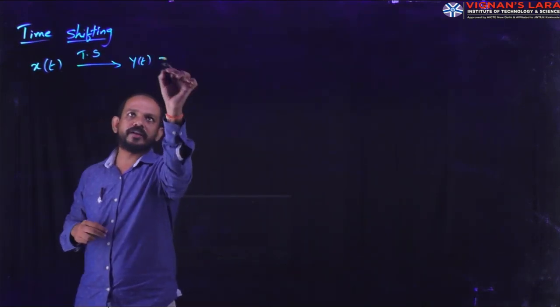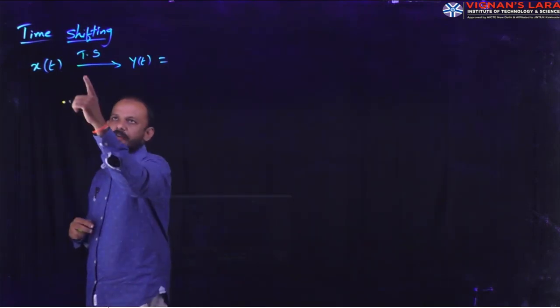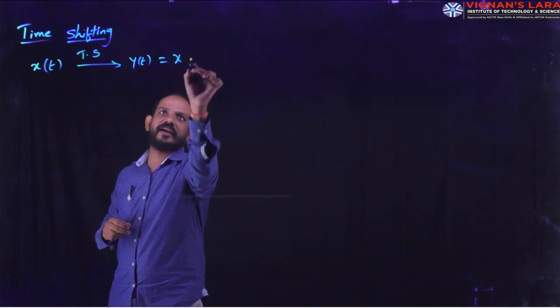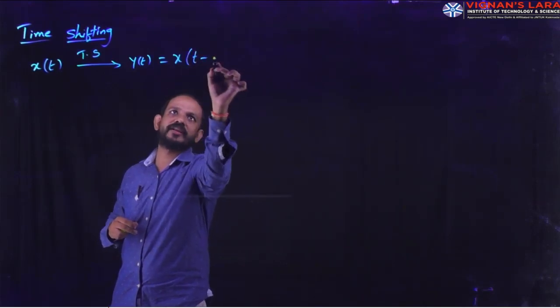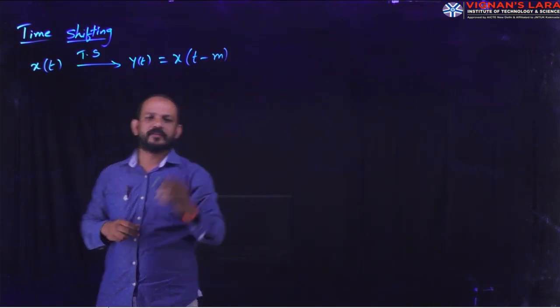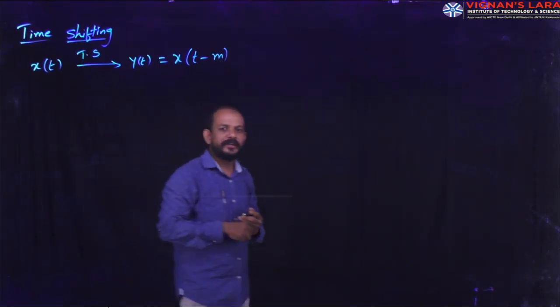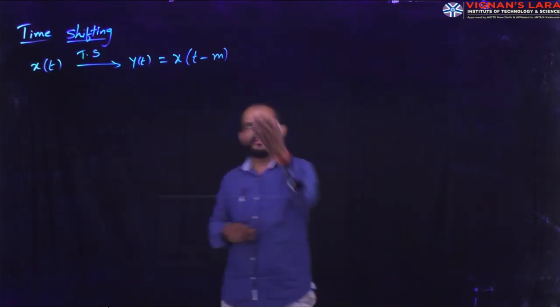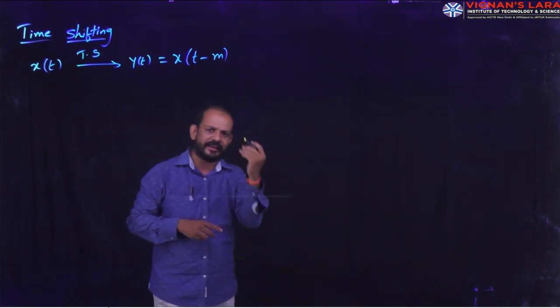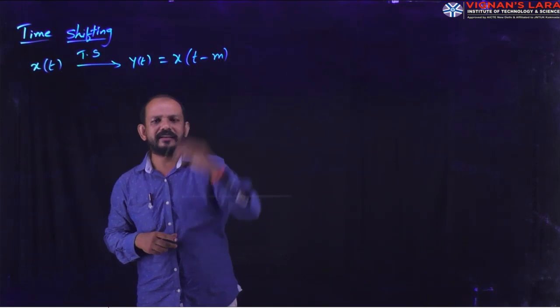That output is equal to, if I perform the time shifting operation on x of t, it produces a signal like x of t minus some constant. You may take anything, so x of t minus m. Here in place of m you can take k, you can take s, whatever it may be. I have taken m.